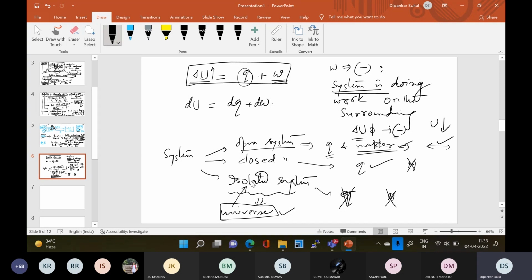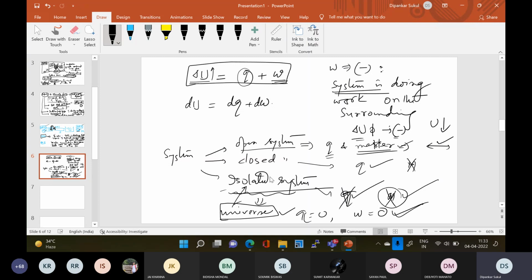Now you can see, for an isolated system, Q is 0, and there is no exchange of matter, so W will also be equal to 0. If there is no heat change or change in matter, the work will also be 0. There will be no work done on the system or by the system for an isolated system like the universe.